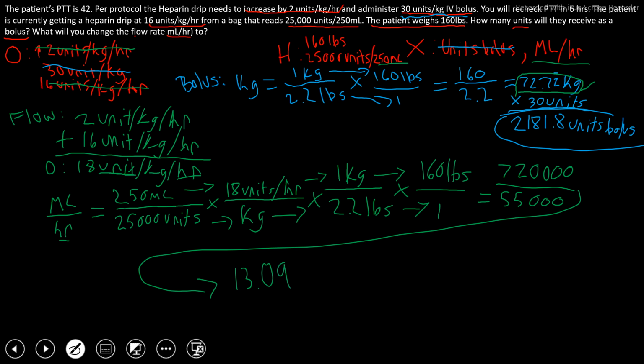We'll go ahead and round that. We don't need to worry about this. This is below 5, so we're just going to round it to 13 ml per hour. So now that's our new flow rate, and we got rid of this X. So now we solved everything we needed to solve.